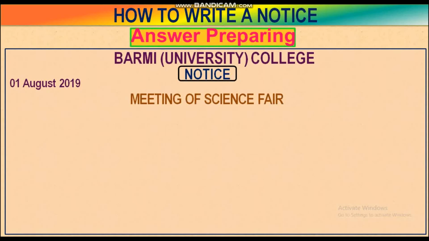I mean, here you have to mention the invitees of the event. Whom? Whom means whom to contact. I mean, here you have to mention the issuing authority.